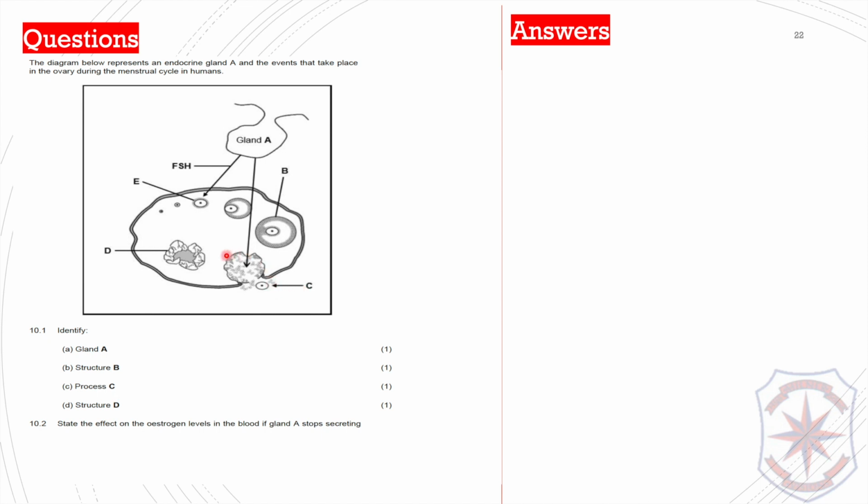Okay? Now, this ruptured Graafian follicle now turns into this structure, which is structure D. What is structure D? Structure D will be the corpus luteum. Okay, so this hormone that causes ovulation will be LH. This one is FSH.